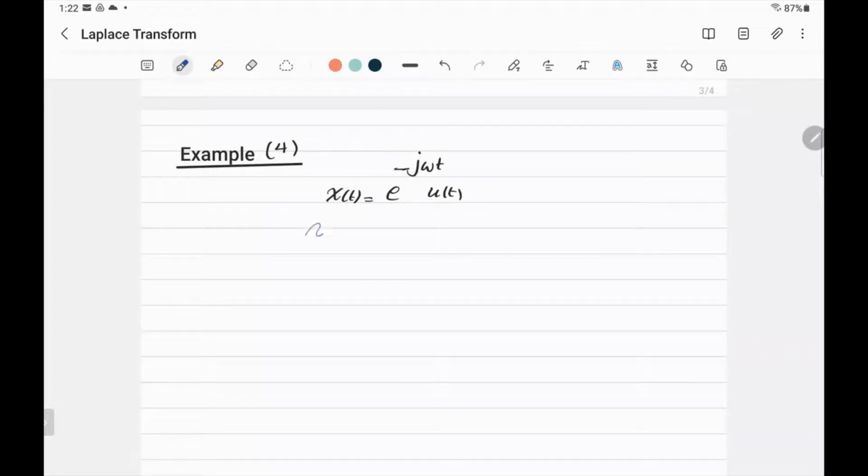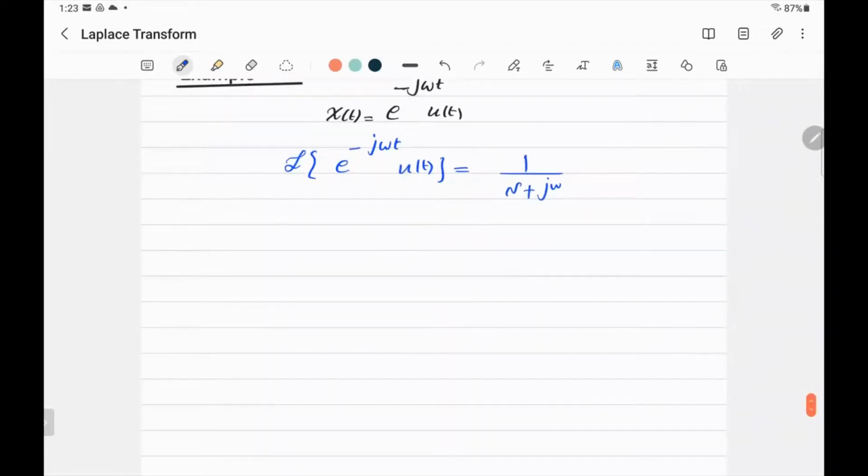The Laplace transform for e to the power of minus j omega t u(t) is equal to 1 over s plus j omega. So when you have e to the j omega t u(t), you get 1 over s minus j omega.